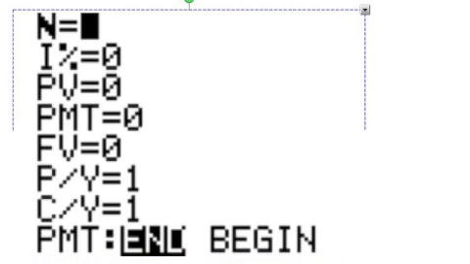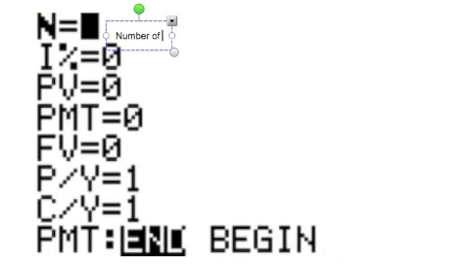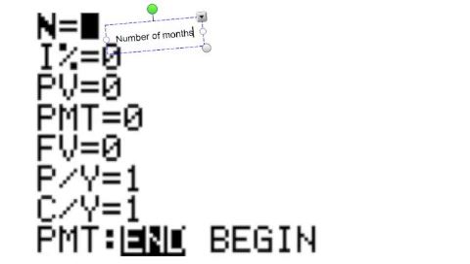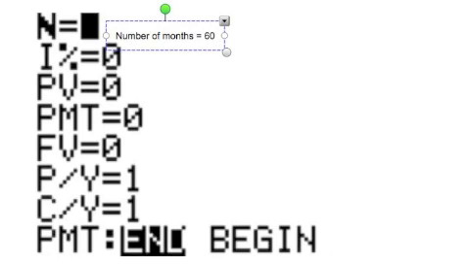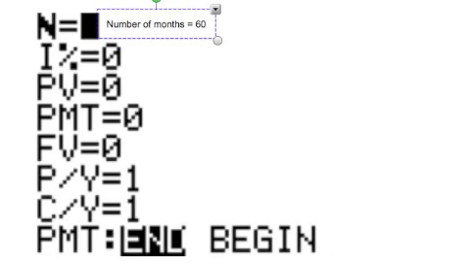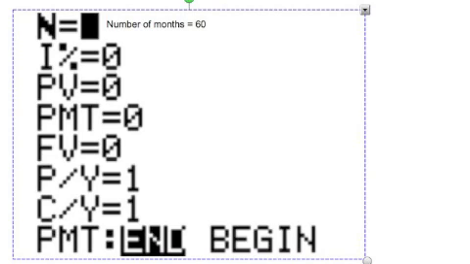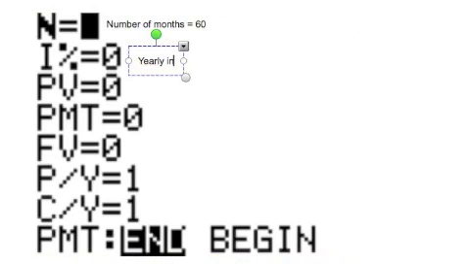In the TVM Solver or TVM program on your calculator, the N stands for the number of months. So in our case of the car example, the number of months is 60. So we're going to put in 60. The I percent stands for the yearly interest rate. You do not have to divide it by 12. Just enter the yearly interest rate.